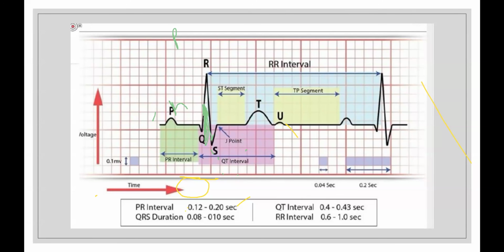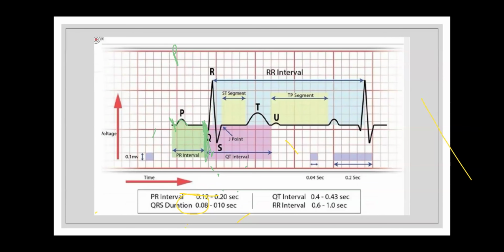So what do QT intervals basically tell you? It starts from the beginning of the Q wave, and then it ends after repolarization. From the beginning of the ventricular depolarization, it ends after the ventricle relaxes or repolarizes.